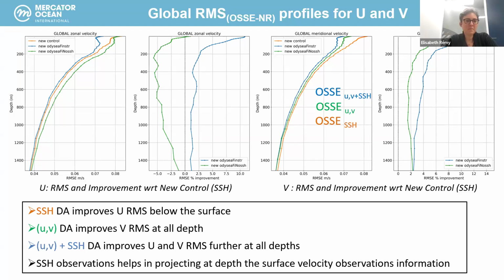So it's the vertical profile of the errors in colors for the different OSSEs as before. What we can say is, I begin with the meridional velocities. They are improved compared to SSH with only velocity assimilated, and then further improved when both are assimilated.